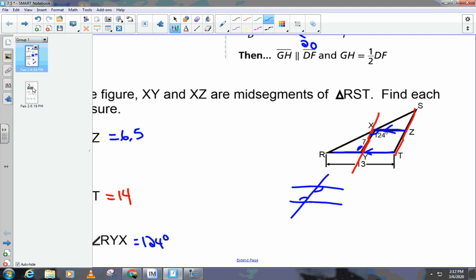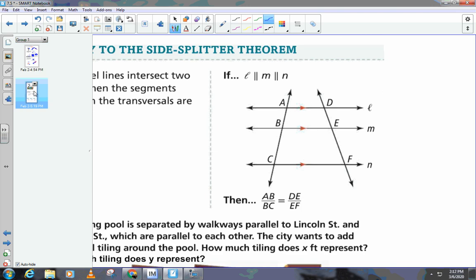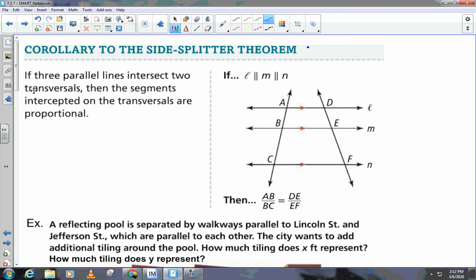Last thing. Well, this might be another, not last thing, I forgot. There's two more. Now, this is a corollary to the side splitter theorem because it works in a triangle, but it also works if you have just two or more lines cut by transversals. If those lines are parallel to each other, it breaks the sides into proportional parts, just like it did in the triangle, okay?